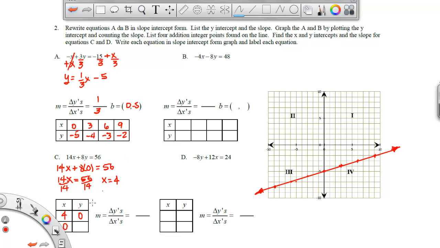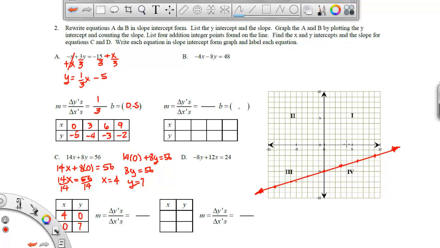Now let's find the y. I'm going to let x be 0. So 14 times 0 plus 8y equals 56. Now that's gone. So 8y equals 56. So y equals 7. So my y-intercept is 0 and 7.